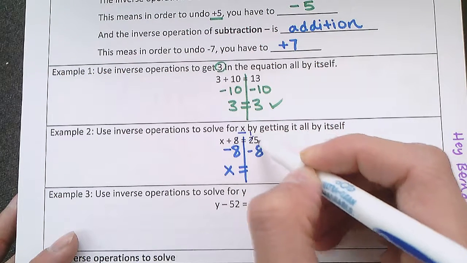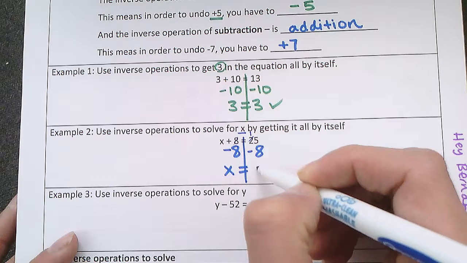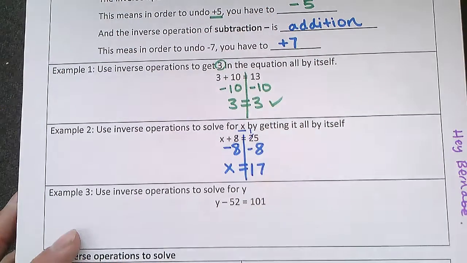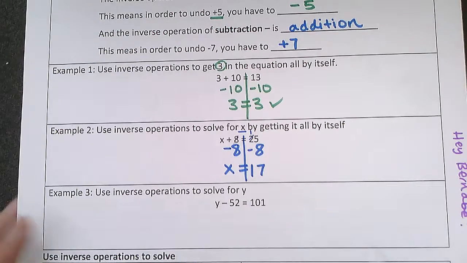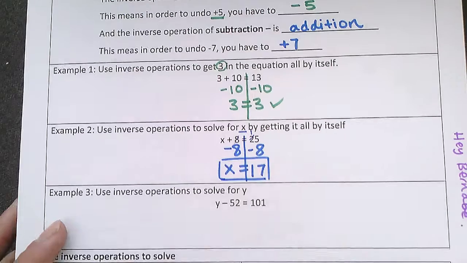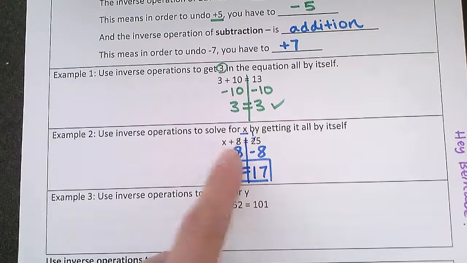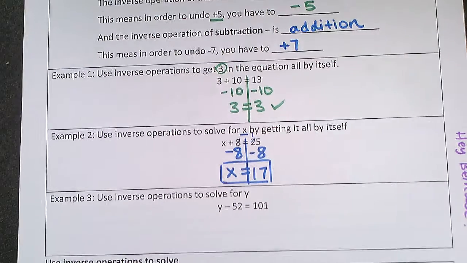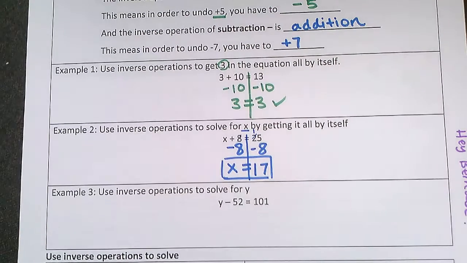So now I have 15 minus 8 is 7. Bring the 1 down, 17. So x equals 17. And I can just double check. If I had 17 plus 8, would that give me 25? Yes, it would. All right, one more example.